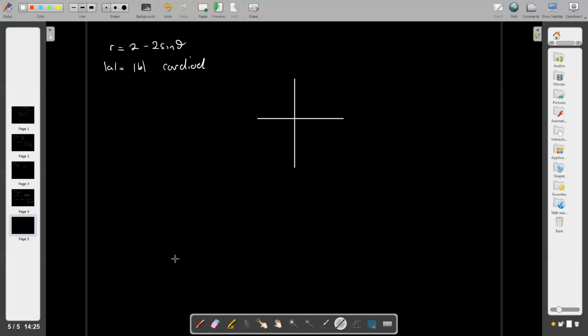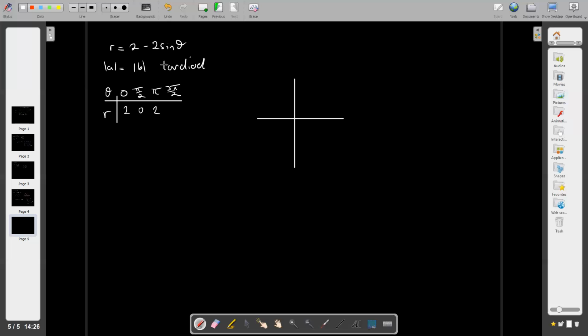The question now is whether it is green or red. So what we'll do is a little table very quickly to find that out. Theta is either 0, pi on 2, pi, 3 pi on 2, and that's r. When theta is 0, sine is 0, so we'll have 2. When theta is pi on 2, sine is 1, so this becomes 0. When theta is pi, sine is 0, so this becomes 2.